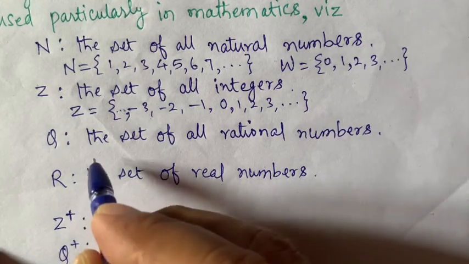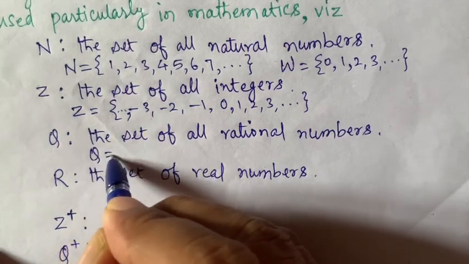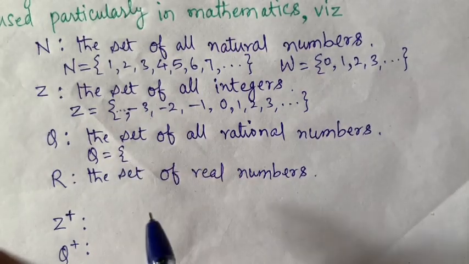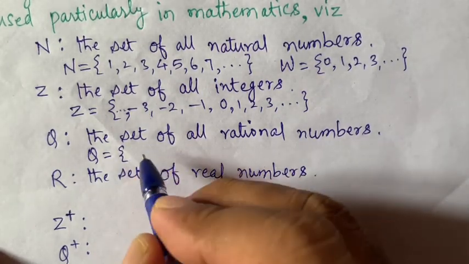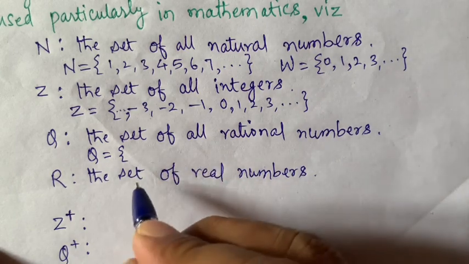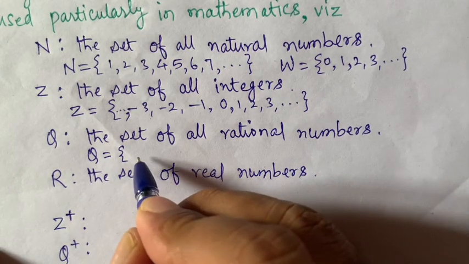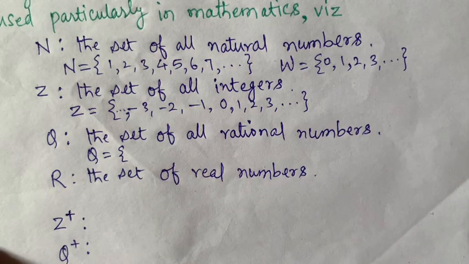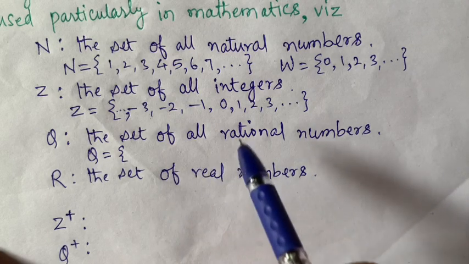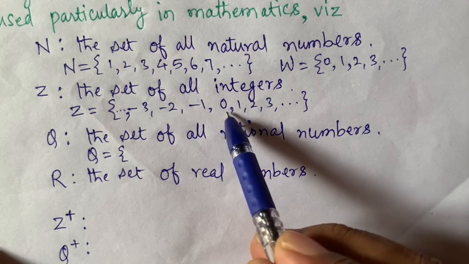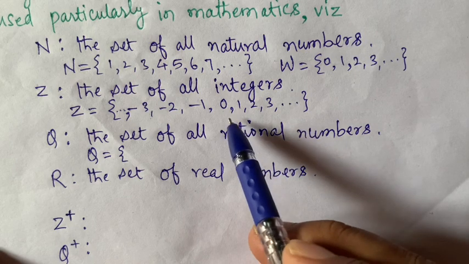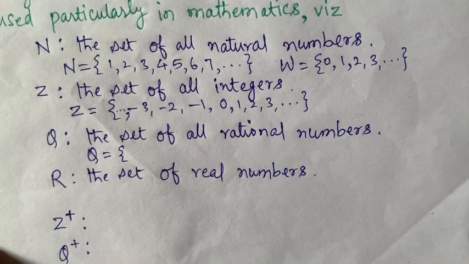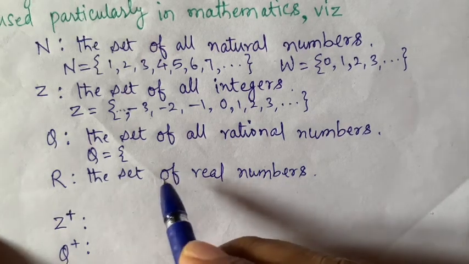Actually rational numbers are represented by decimal numbers, so it is easier to write them in set builder form than in roster form, because they contain so many elements and we cannot list the numbers lying between 0 and 1. All the rational numbers lying between 0 and 1 cannot be listed. We cannot write all of them.